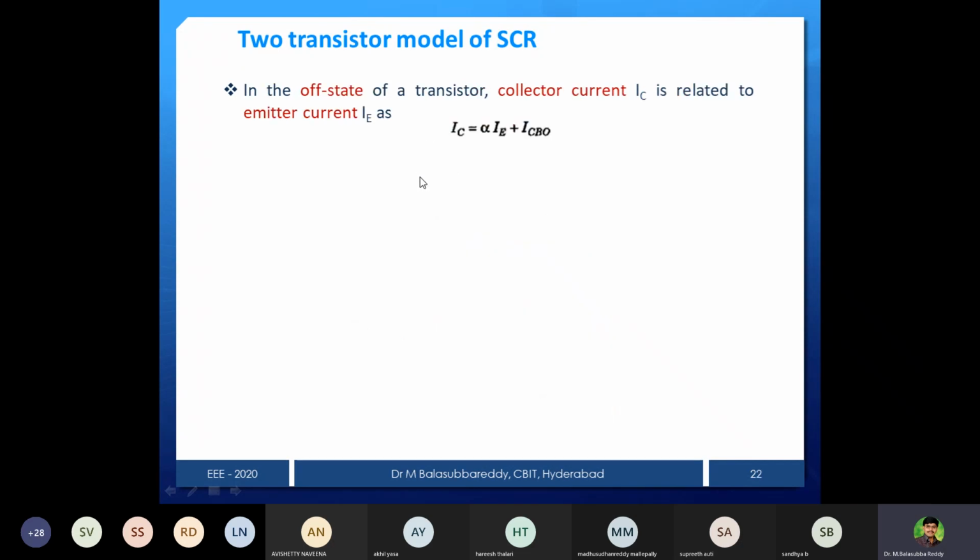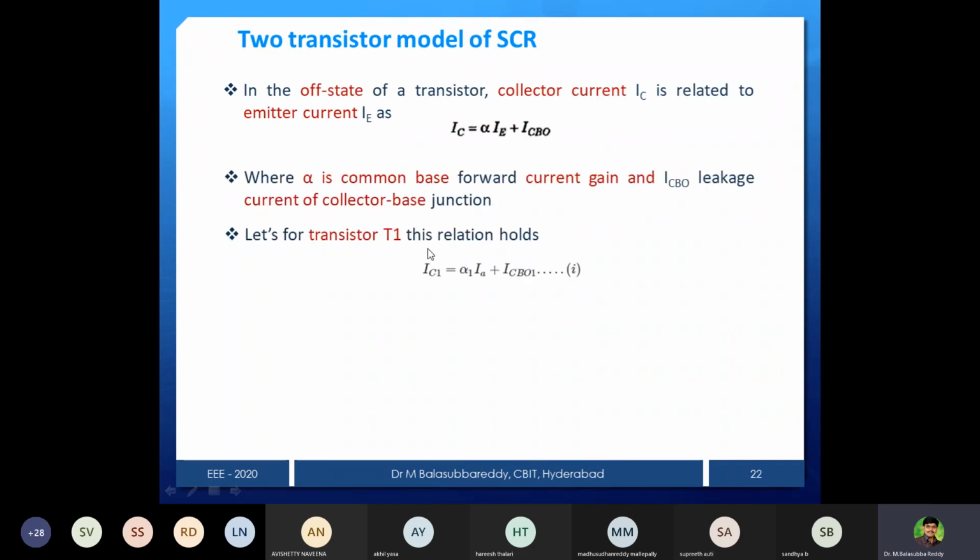So now you can represent T1: IC becomes IC1 for transistor 1, alpha becomes alpha 1, and IE is the emitter current, which in our case for transistor 1 is equal to the anode current. The other term is ICBO, which we represent as ICBO1 for transistor 1.